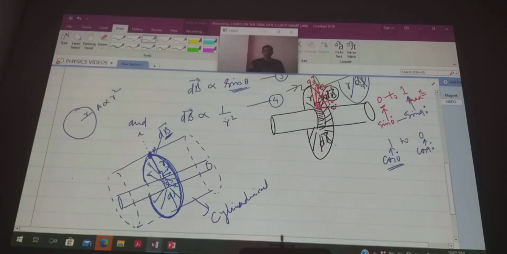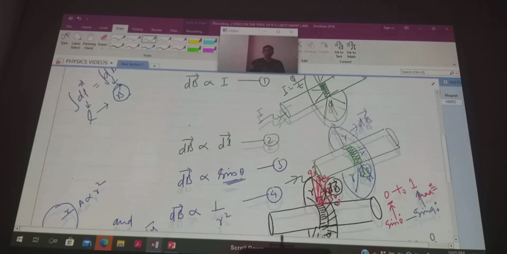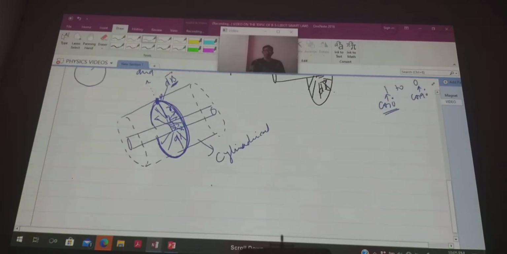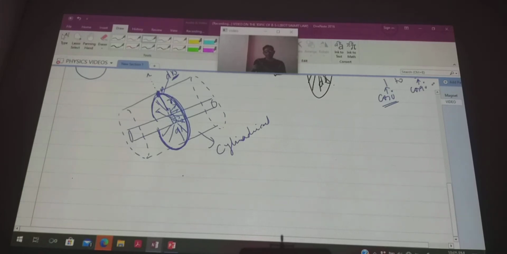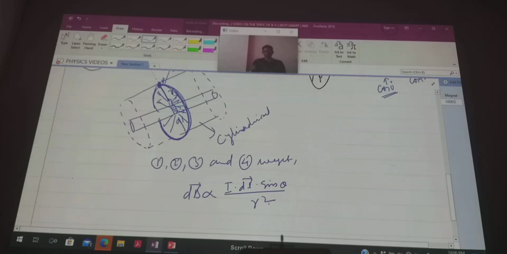It is inversely proportional to r square. So after combining equations 1, 2, 3 and 4, we get dB is proportional to I dl sin theta upon r square.